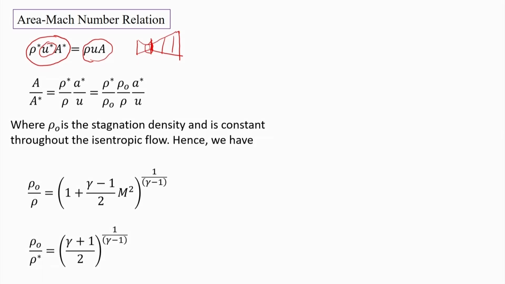Further, if we put Mach number equal to 1, then we can also obtain the relation rho naught upon rho star equal to [gamma plus 1 by 2] raised to 1 upon gamma minus 1.